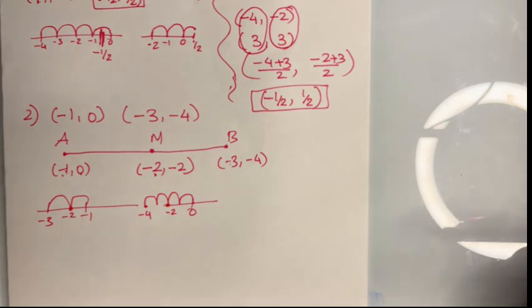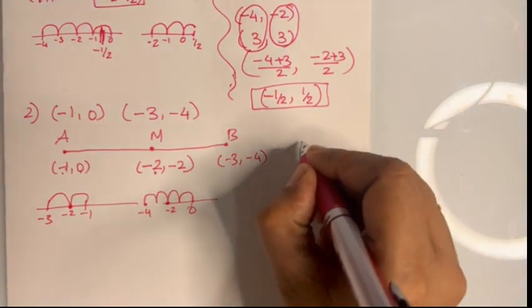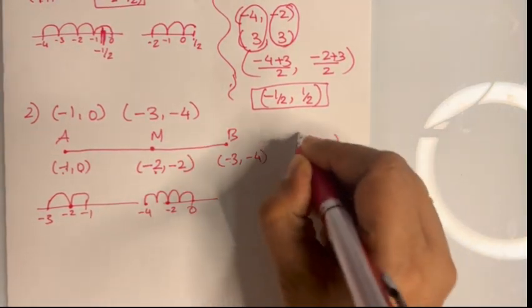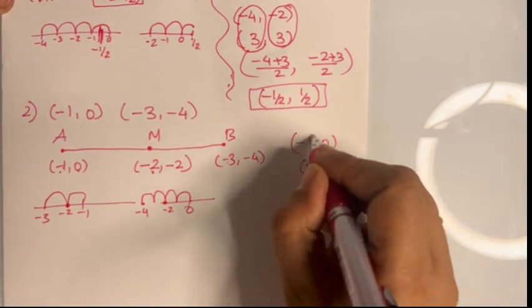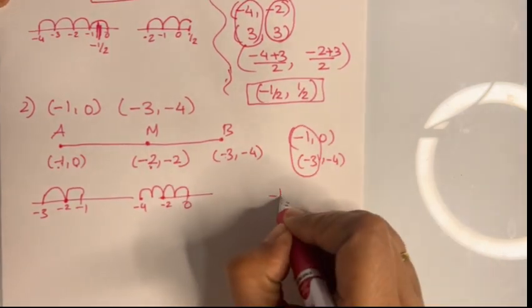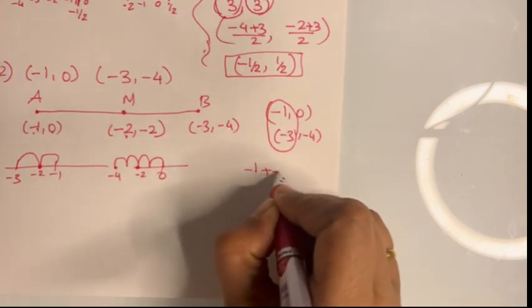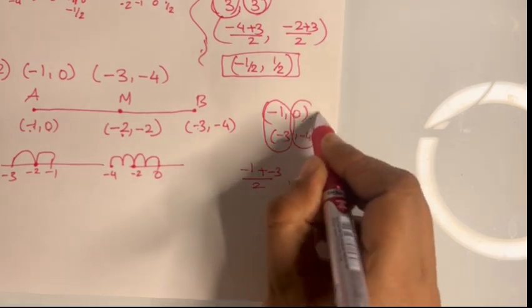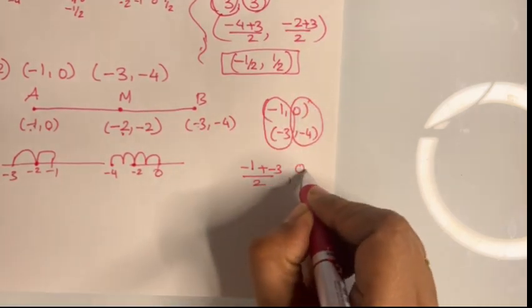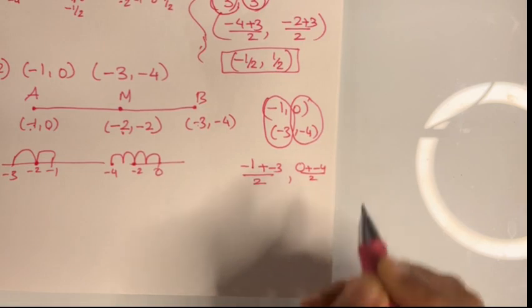So can you use the formula for that? Yes. Let's see. Negative 1 comma 0, negative 3 comma negative 4. I take the average of the x's, which is negative 1 plus negative 3 divided by 2. The average of the y's is 0 plus negative 4 over 2.